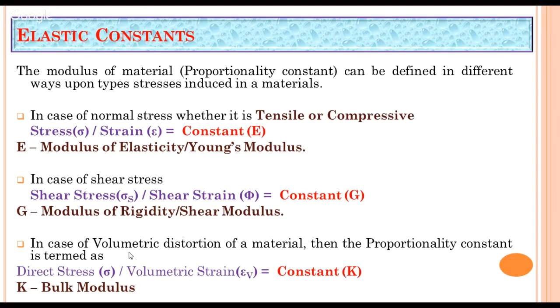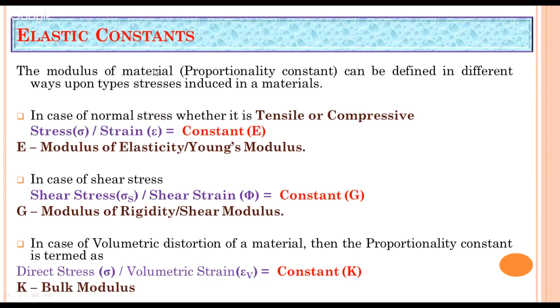As I said in the beginning, understanding the concept of direct stresses is very important, because we are going to deal with problems on direct stresses in this particular unit.